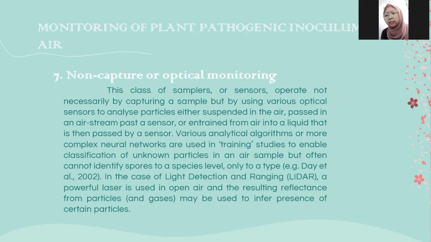Various analytical algorithms or more complex neural networks are used in training studies to enable classification of unknown particles in an air sample, but often cannot identify spores to a species level, only to a type.